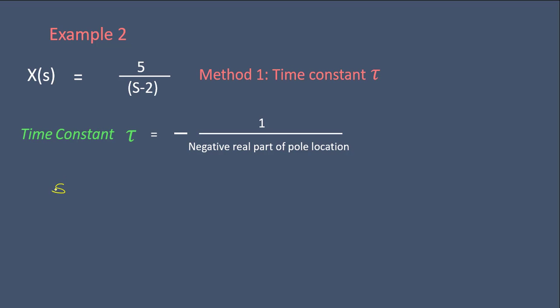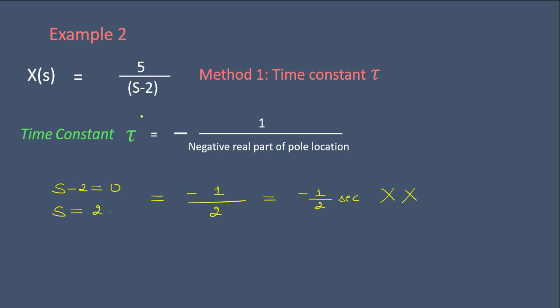So if I substitute s minus 2 equals 0, you will get the pole s equals 2. Now if you substitute the value in the time constant equation, you will get minus 1 upon negative real part of pole location. Pole is at 2, so it will be minus 1 by 2 second, and you have guessed it right, it is a wrong answer.